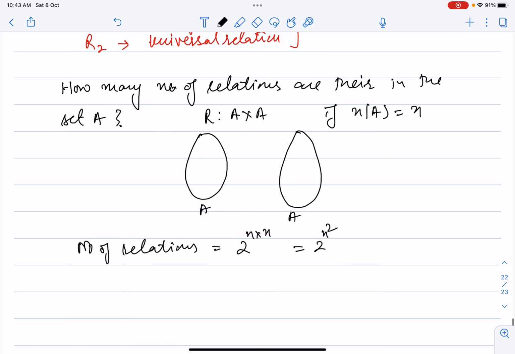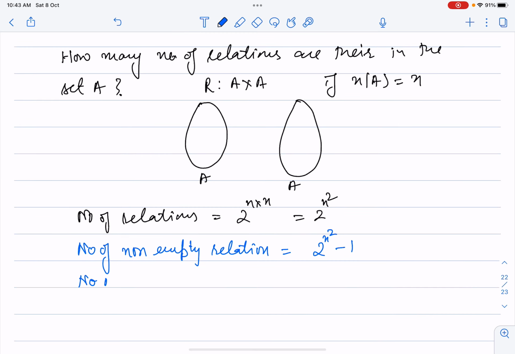Now somebody may ask the number of non-empty relations in the same question. There was one relation which is empty and we don't want that, so 2 power n squared minus 1. Somebody can ask the number of non-trivial relations, that is 2 power n squared minus 2.